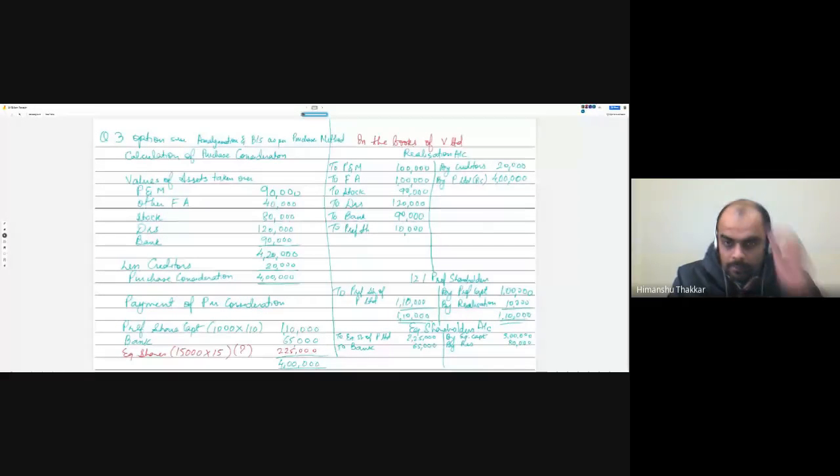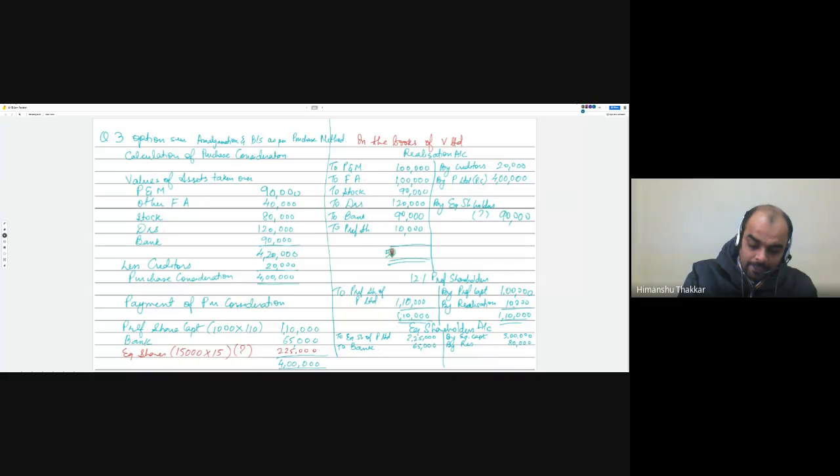So there's a loss. So by equity shareholders, balancing figure, 90,000. Close the account of realization. Total will be 5,10,000. Okay, and to realization 90,000.